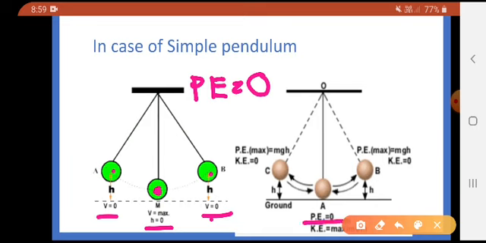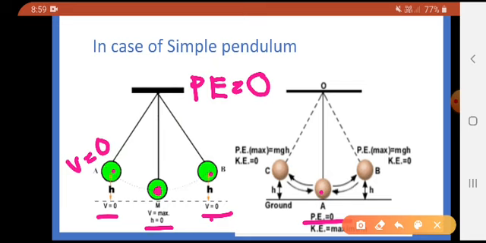And when it reaches the extreme left point, its velocity becomes 0 and it reaches the maximum height. This is the maximum height of the body.